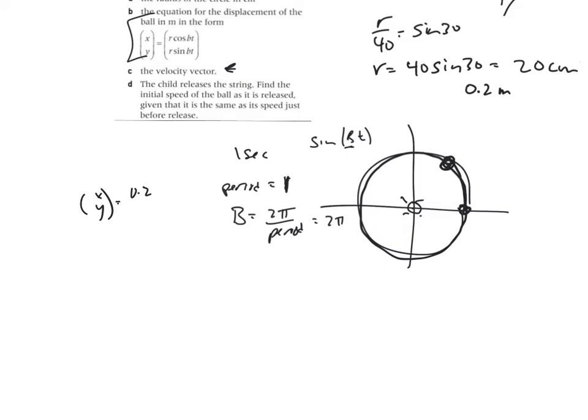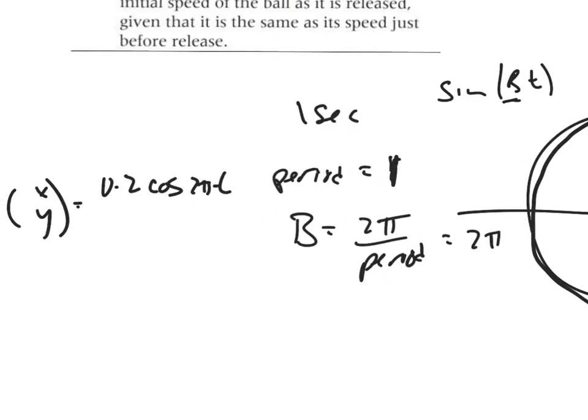At this point here, this is my x value, which is cosine, and this is my y value, which is sine. So my x value is 0.2 cosine 2 pi t, and my y value is 0.2 sine 2 pi t. And so there is my displacement vector in meters.